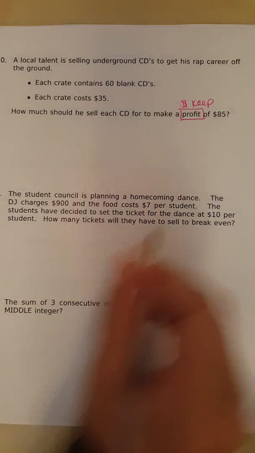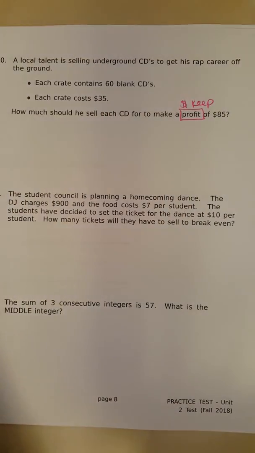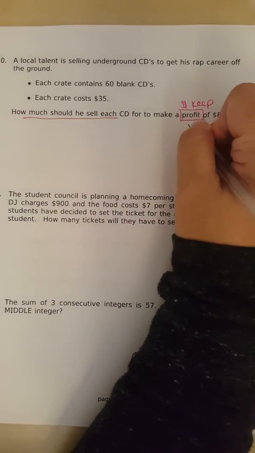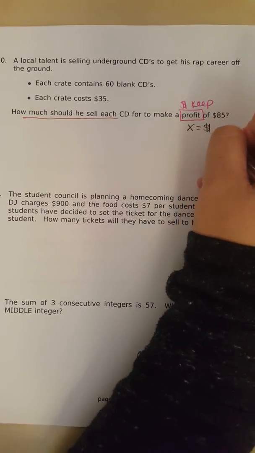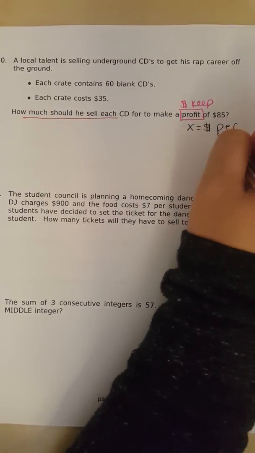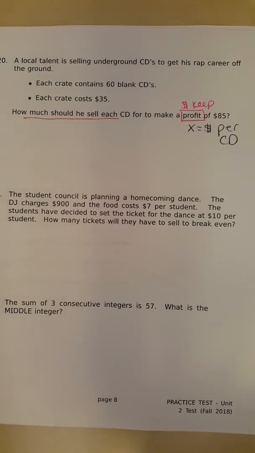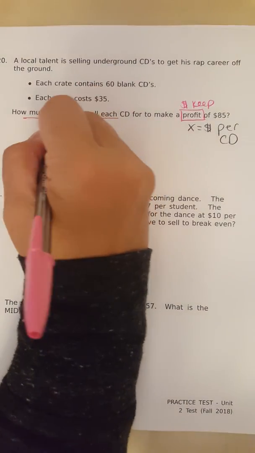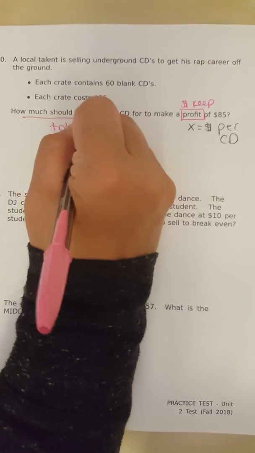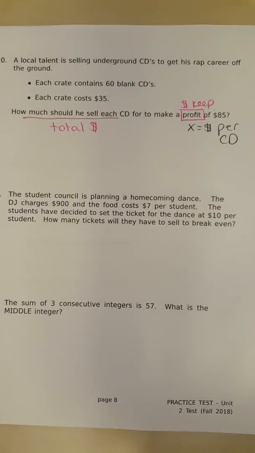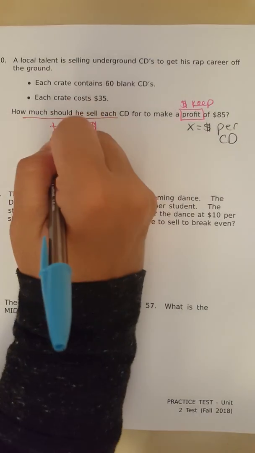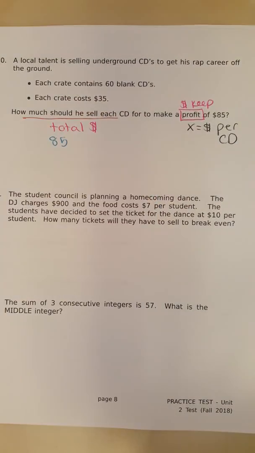So let's start. We want to know how much he'll sell each CD for. So we're going to let X be the cost per CD. Now, he needs to make some money here. His total money. He's got to make $85 in order to keep that $85.